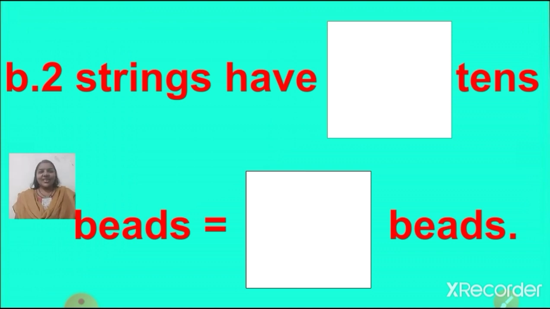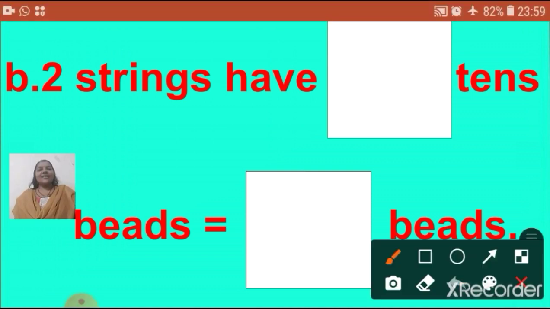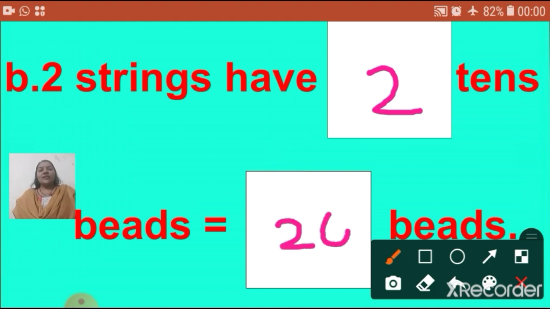Yes, 2 tens. So here we have to write 2 tens, and 2 tens equals how many beads children? Yes, 20. 2 tens means 20. So here we have to write 20.